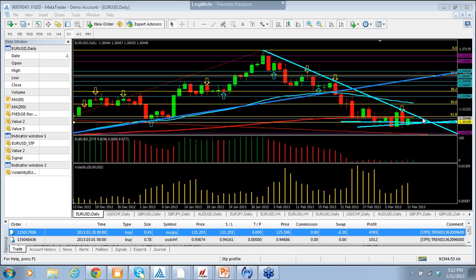This is a much more solid trend line. Basically it links all the highs, 1, 2, 3, 4, 5 highs here, and because of that, it's more likely for us to get a solid breakout out of this area, as opposed to a false breakout.